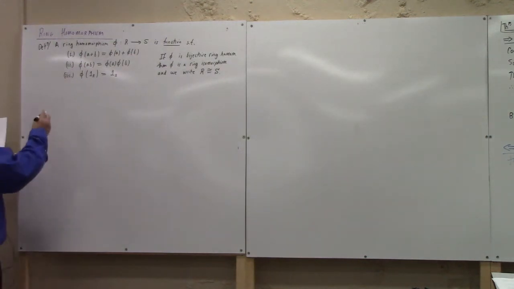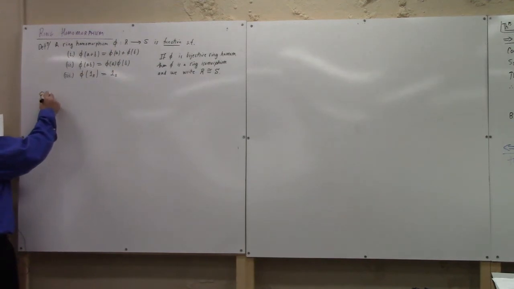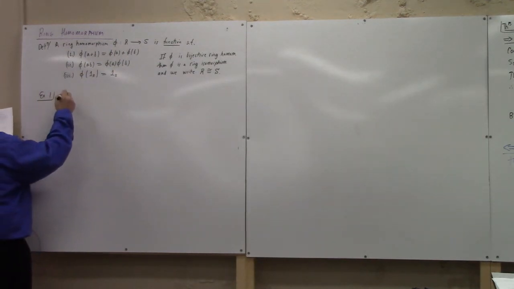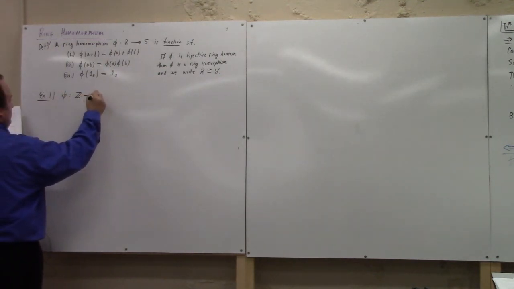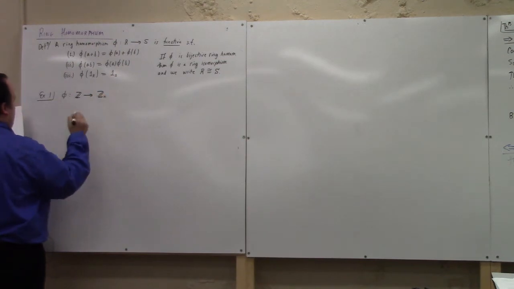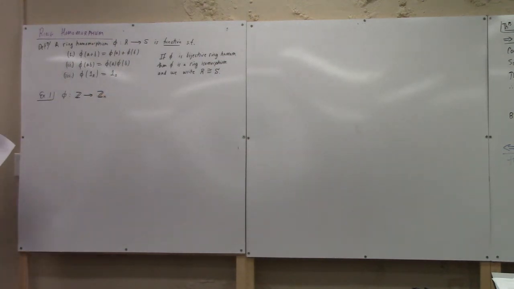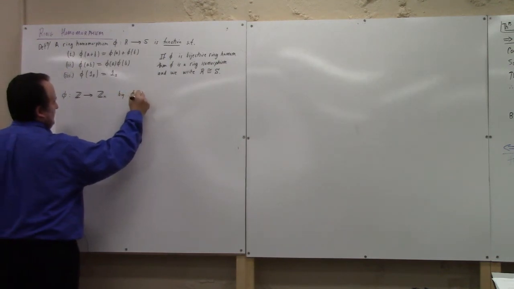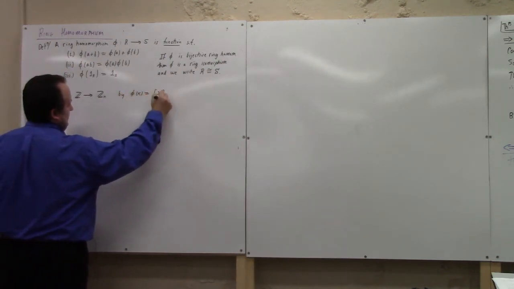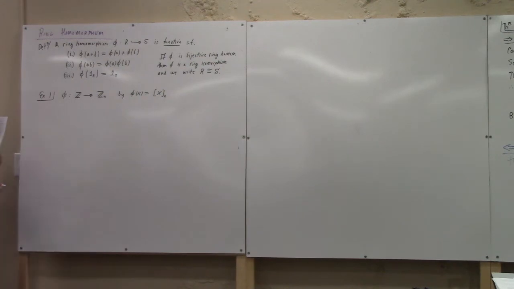So some examples. We could look at phi going from the integers to the integers mod n by phi of x equals the residue class mod n.